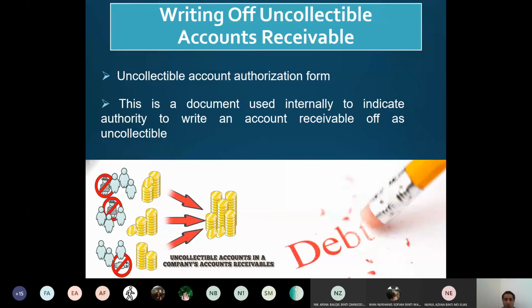So uncollectible accounts should be written off by authorized people, and normally with an authorized form, and this form or authorization should normally be at top level, or sometimes they will have 2 layers according to the amount. So for a big amount, the board of directors or CEO should approve and authorize that writing off, because we are recording a loss.